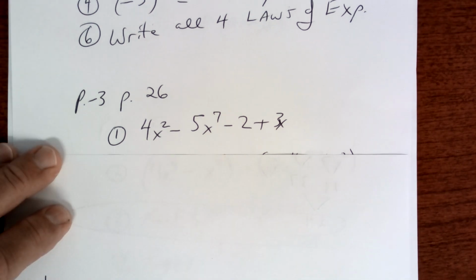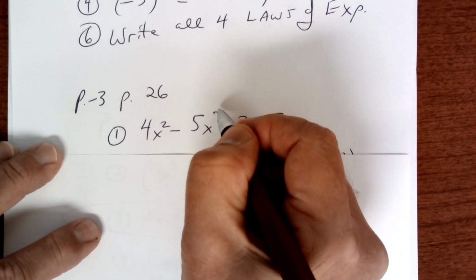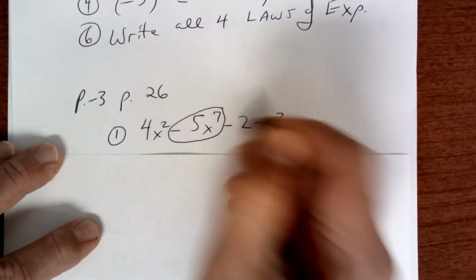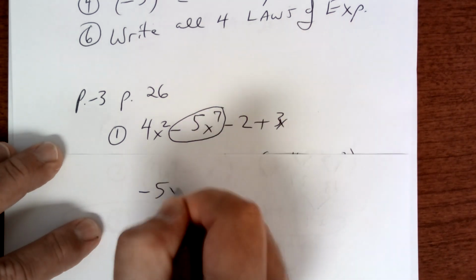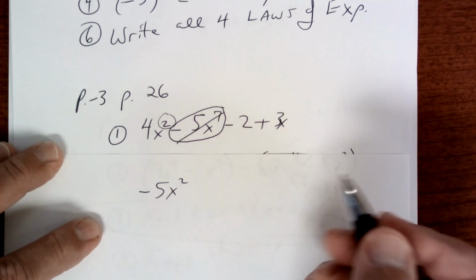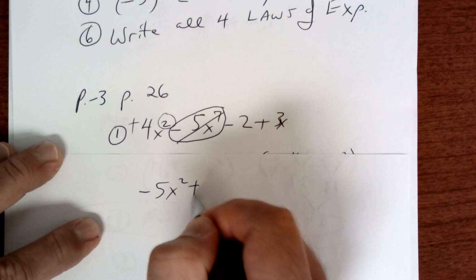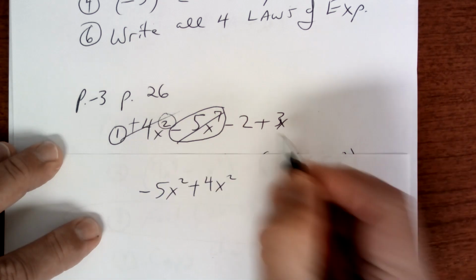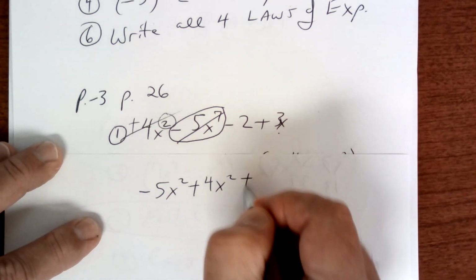This one right here, first of all, it's not in standard form. Standard form means this one would come first. So you'd have to rewrite it. And then the next one would be this one because of the exponent, and that's a plus. This one would be next, and then -2.